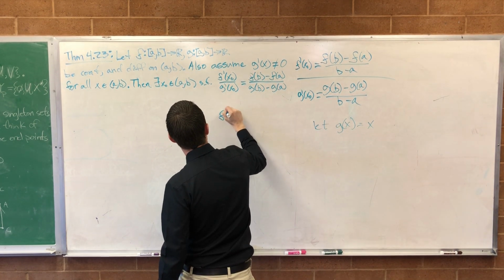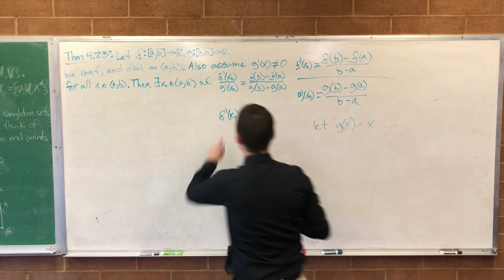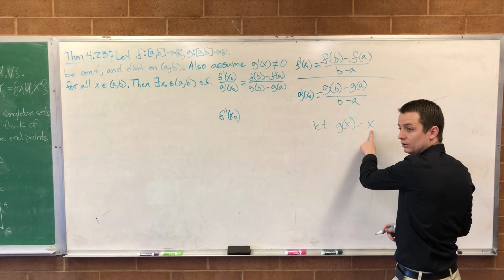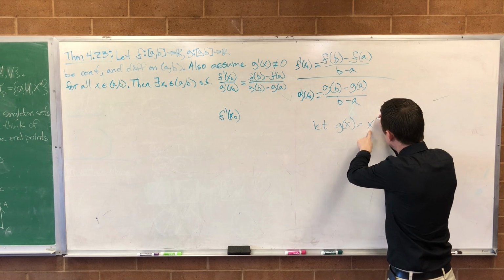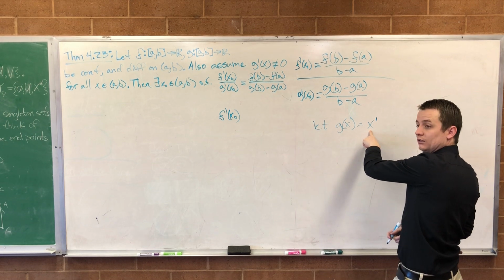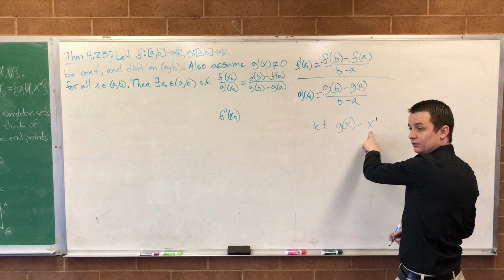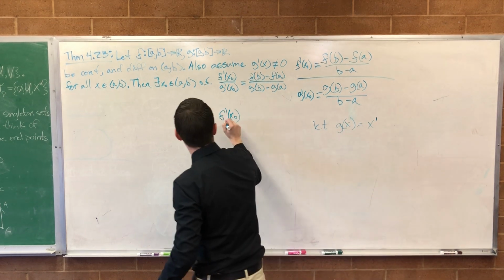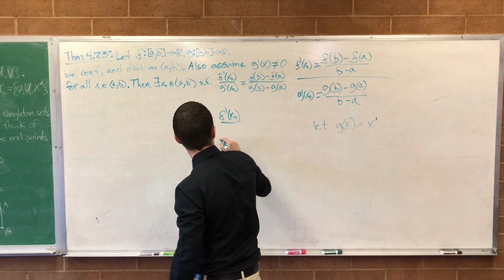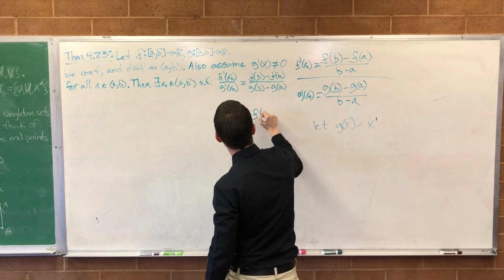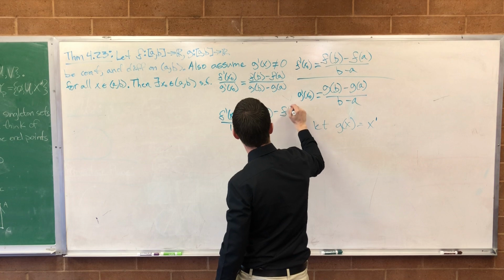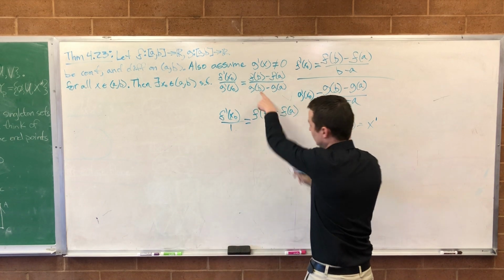This says f prime at x naught over g prime. What's g prime? It's 1. So g prime is always 1, so it's constant, doesn't matter what you do. So f prime of x naught over 1 is equal to f of b minus f of a. What's g of b?